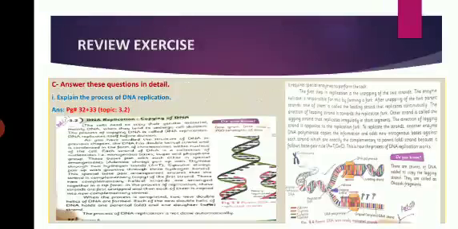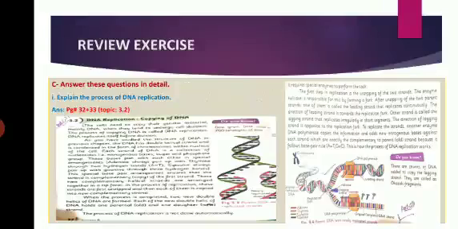Now coming towards the C part of the review exercise, and these are the detailed questions. Answer these questions in detail. Here I have taken screenshots or pictures of your book, and I have marked everything along with the page number. The page numbers are given, the topic numbers are given, and all the pictures from your book are given.